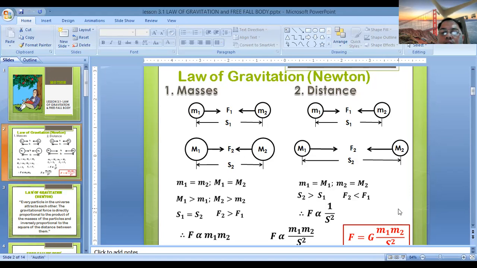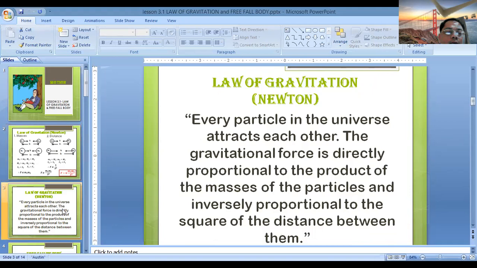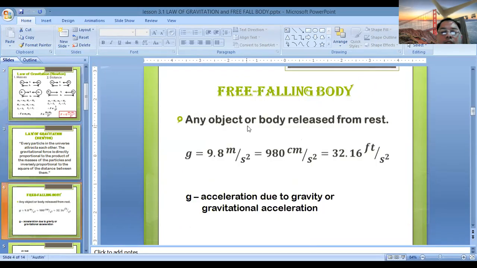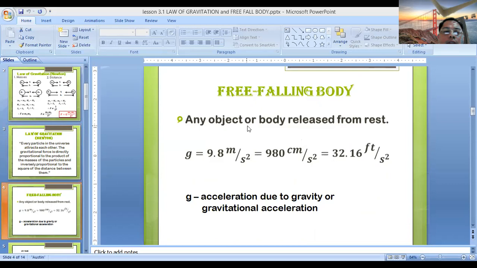Now we need this knowledge to understand the idea of a freely falling body. A body that falls by virtue of the action of gravity falls down with an acceleration of 9.8 meters per second square, and the direction of this falling body is always downward.